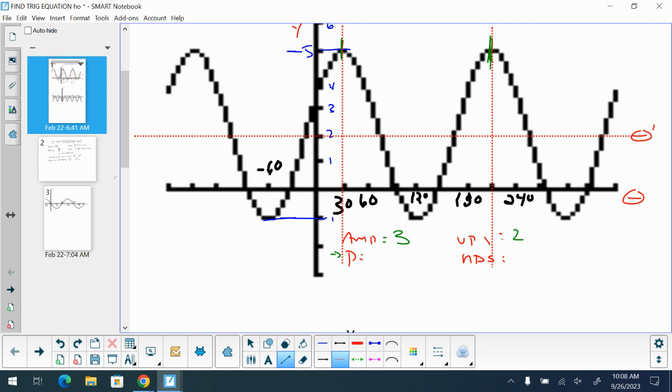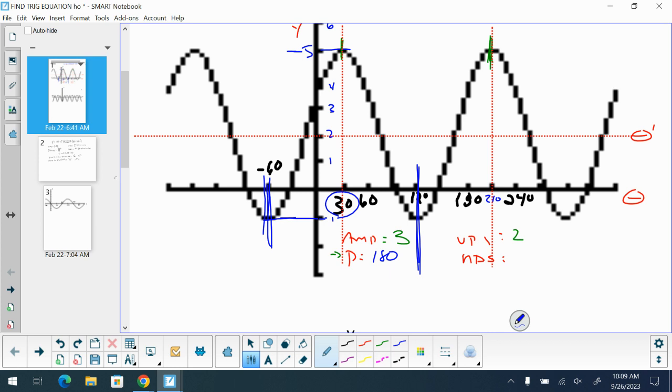What is the degree measure for the period? 180. I'm at 30 degrees. This is 210 degrees. So we have a period of 180 degrees. If I went from valley to valley, I have negative 60 here and 120 there.